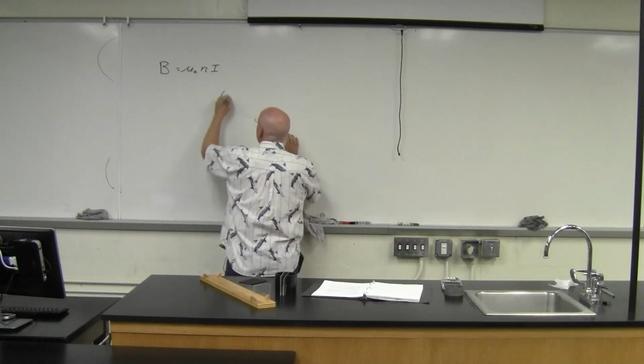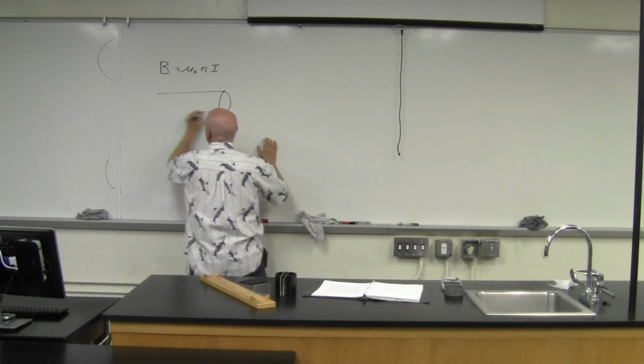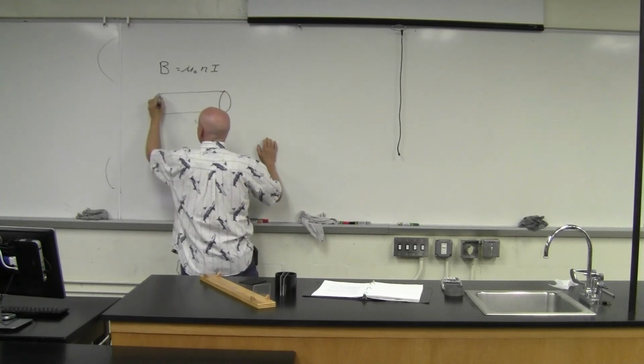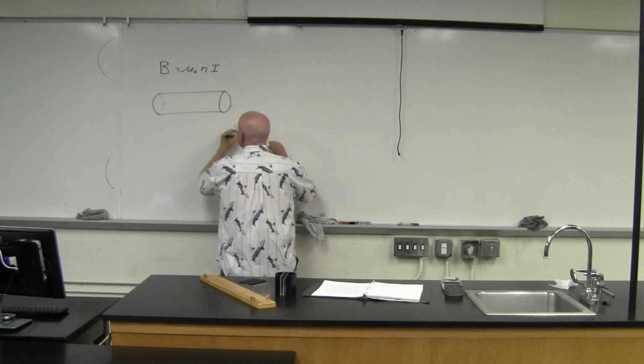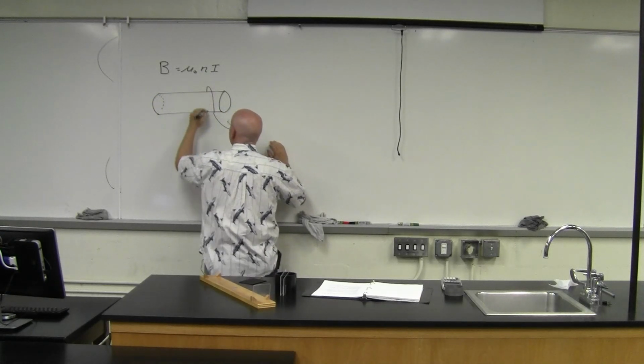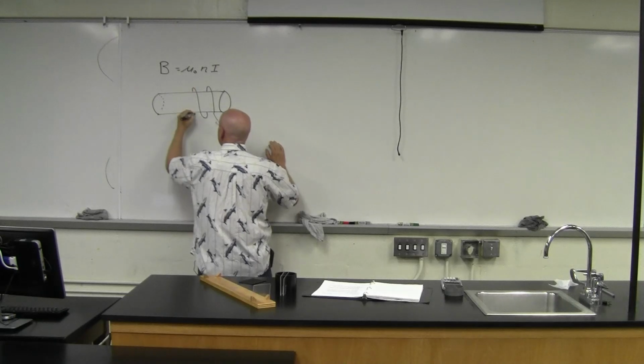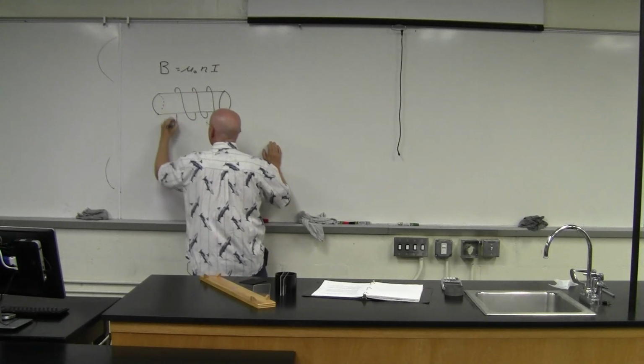If I try to draw a solenoid, maybe it would look something like this, where the wire comes up, goes over the top and around, and over the top and around, and over the top and around.